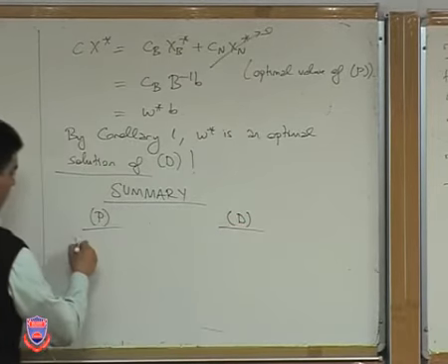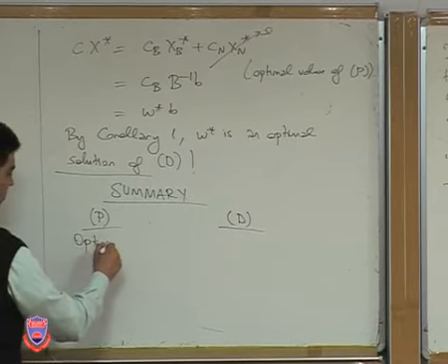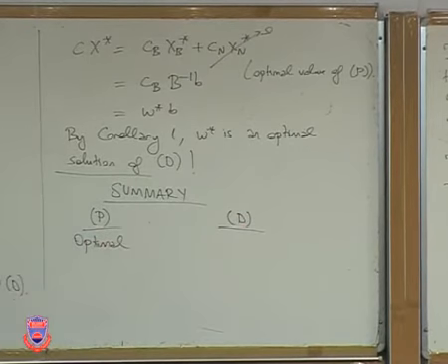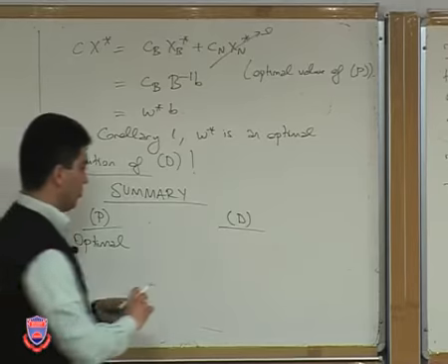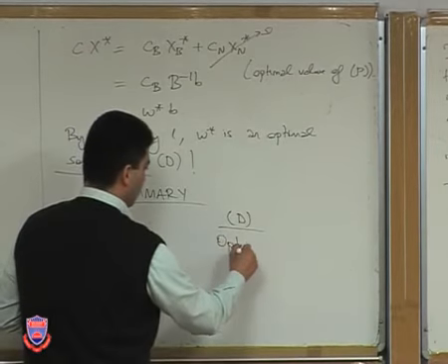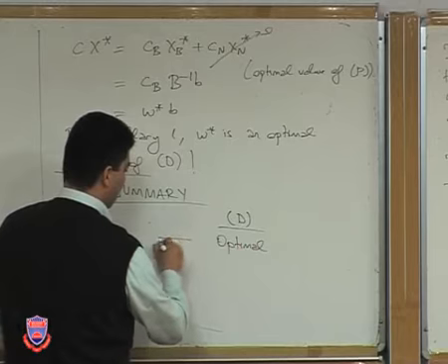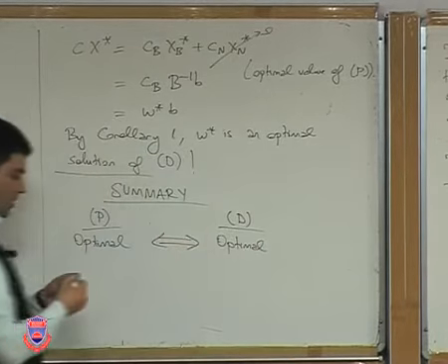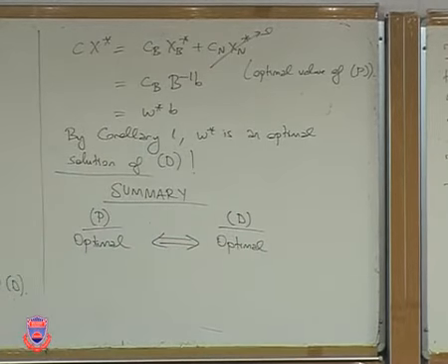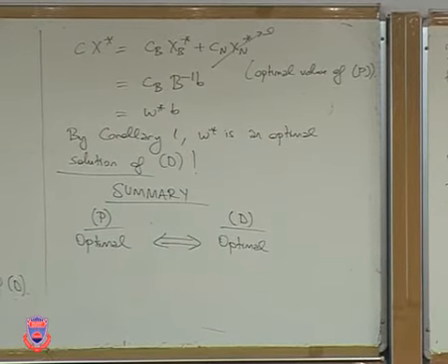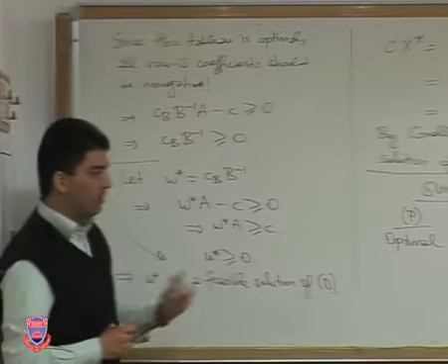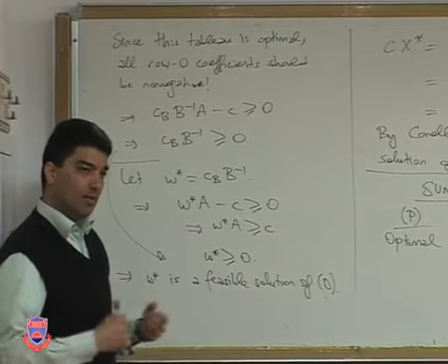If the primal problem has an optimal solution, okay, then by the strong duality theorem, we know that the dual problem also has an optimal solution, okay? So then dual is also optimal. And this is an if and only if statement, okay? So the primal problem has an optimal solution if and only if dual has an optimal solution. Which means that whenever any of these two problems has an optimal solution, so does the other one, okay? That's important.